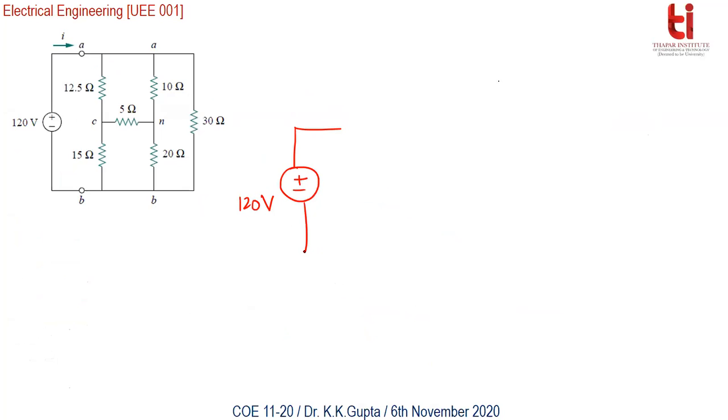This was 120 volts A and B, और ये 12.5, 5 और 10 ohms उनको मैं हटा रहा हूं, तो A, C और N, अब वहां पर क्या आ गया, एक स्टार आ गया. राइट? लेट अस कॉल इट R1, R3 एंड R2. तो ये वाले तीन रेसिस्टेंसेस हट गए अब, और उनकी जगह एक स्टार आ गया है, C, N एंड A, और बाकी चीजें दे रिमेन एज दे वर.